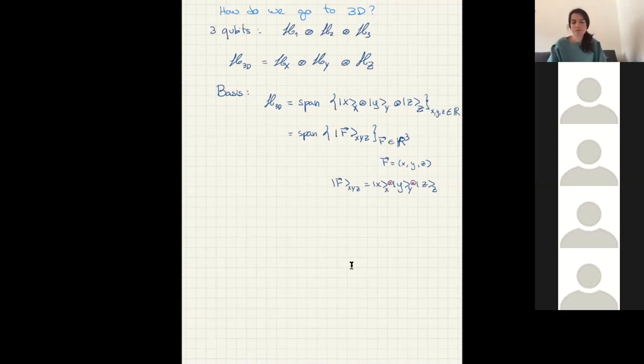So how do we get the momentum? We just do local Fourier transforms in each of these spaces. Each of these spaces is a line, so it has its own position and its own momentum.